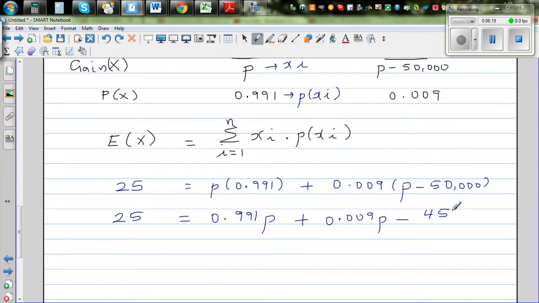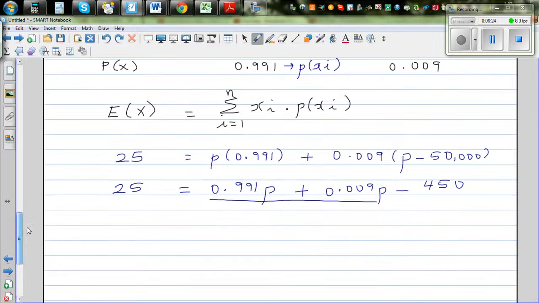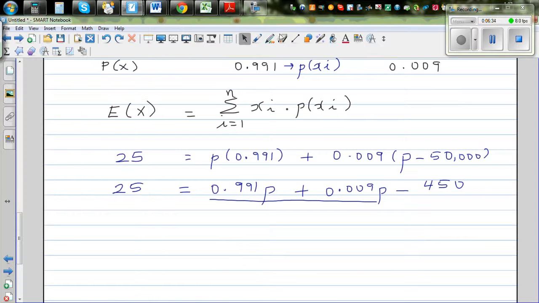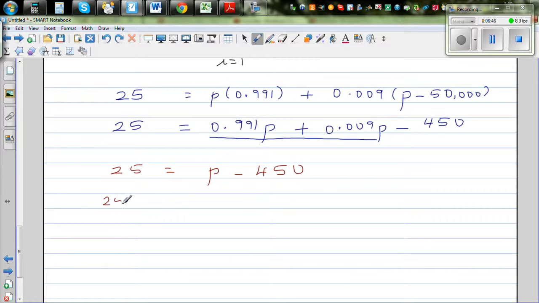If we add, 0.991 plus 0.009 is 1, so this is nothing but 25 equals P minus 450. Now adding 450 to both sides, 25 plus 450 is equal to P. So your P is $475.